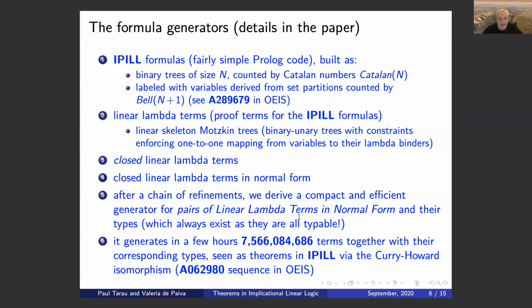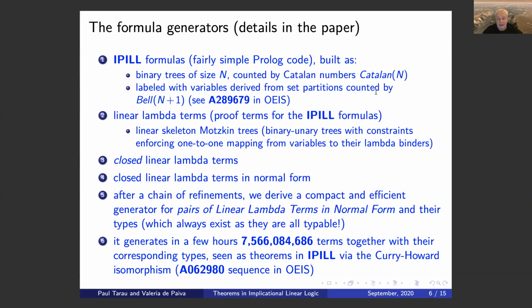So how do we proceed? Well, the formula generators, and the details are in the paper, are fairly simple Prolog code that's built as a generator for binary trees of size n, counted by the Catalan numbers. That's for generating the formulas. And we label them with variables derived from set partitions.